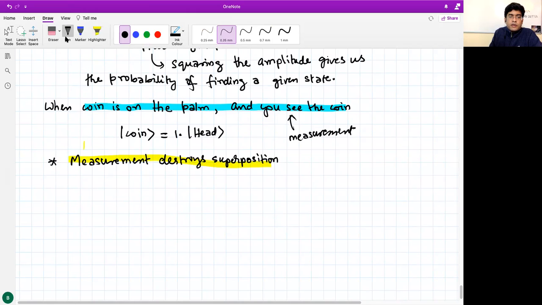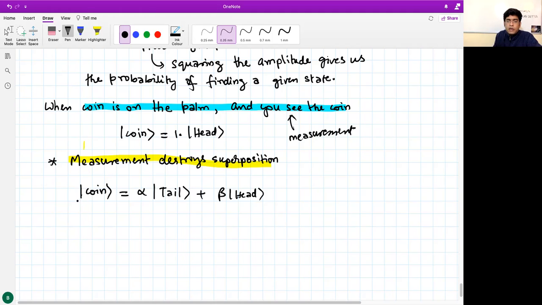Now, in this case, the state of the coin can be written as alpha tail plus beta head. If the coin is unbiased, the amplitudes are equal; if it's biased, then alpha and beta will be different.